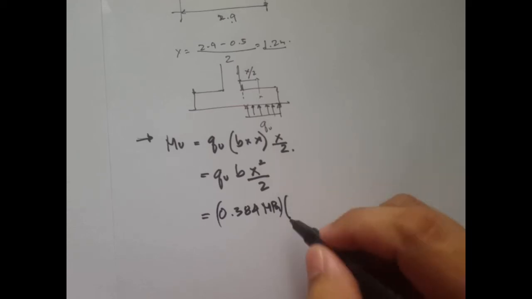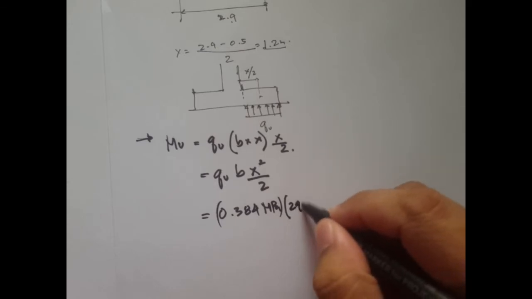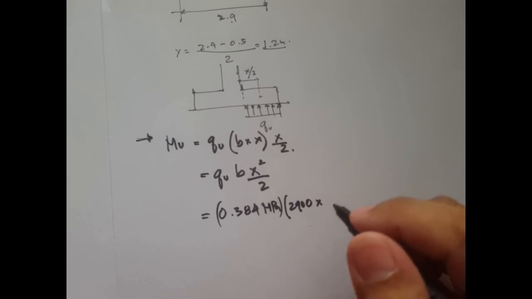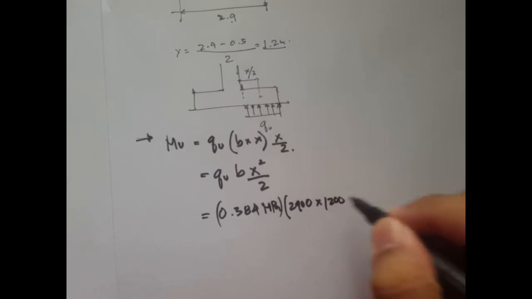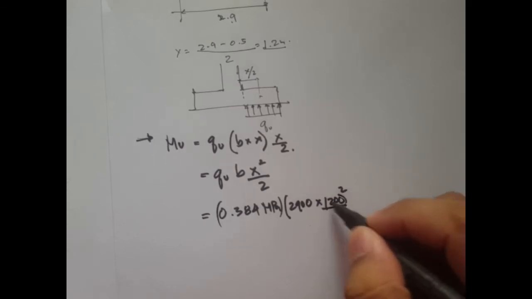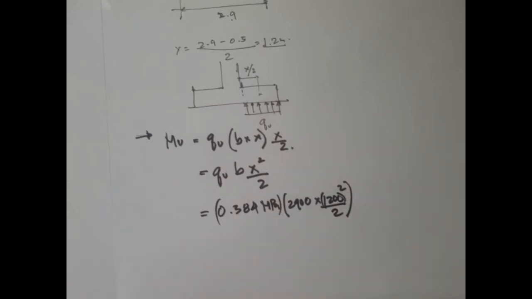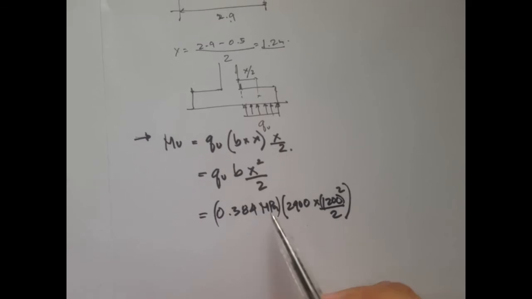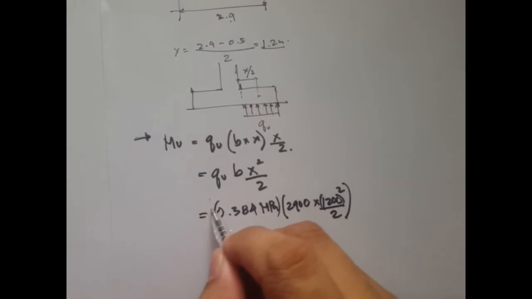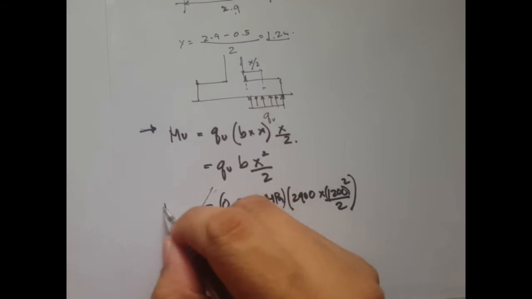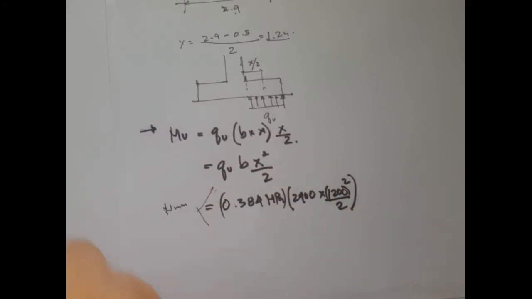So that should be in millimeters: 2,900 millimeters times x squared, so that's 1,200 squared divided by 2. Okay, so take note, if this is our unit, then our factored moment will be in the unit of Newton millimeter.